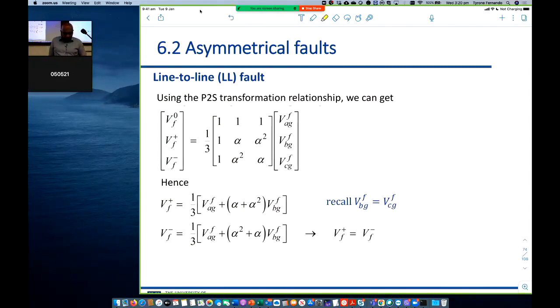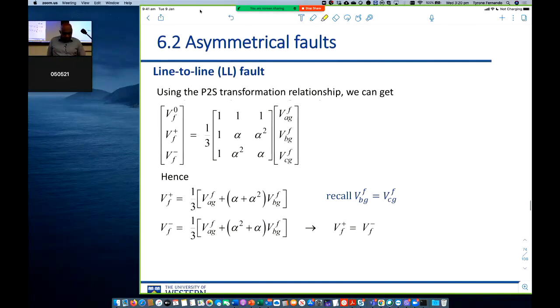inverse. And we see that if we write this, first VF plus, the second row multiplied by the column vector gives us this, and the third row multiplied by the column vector gives me that.